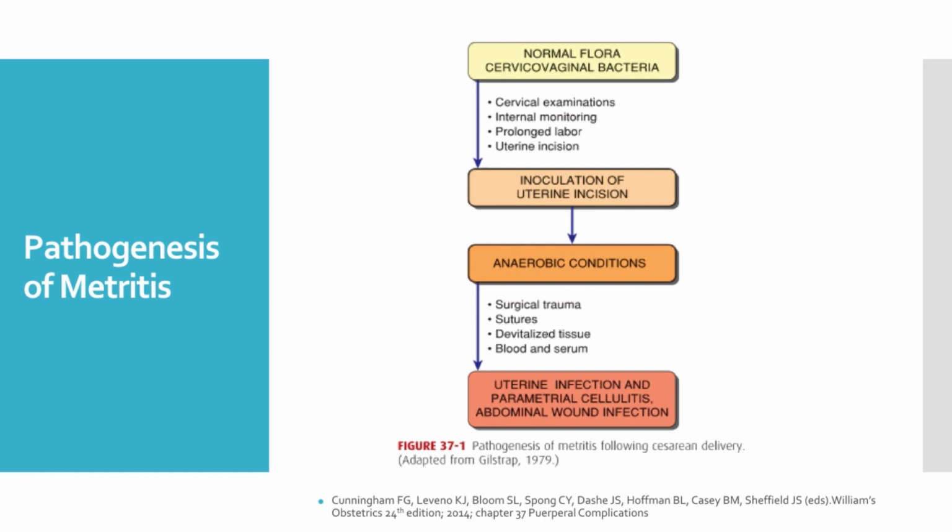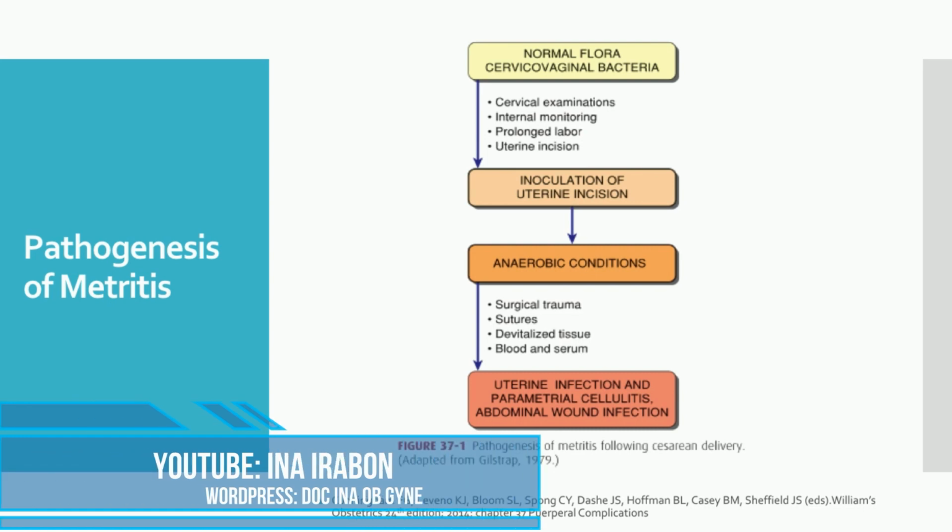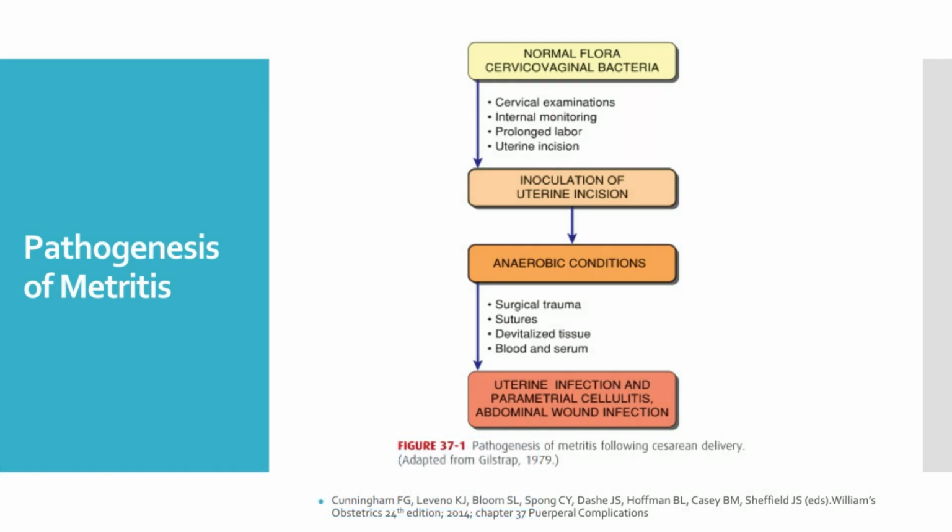Once this normal flora inoculates into the uterine incision under anaerobic conditions such as surgical trauma, sutures, and the presence of devitalized tissue, blood, and serum, then uterine infection, parametrial cellulitis, and abdominal wound infection ensue.